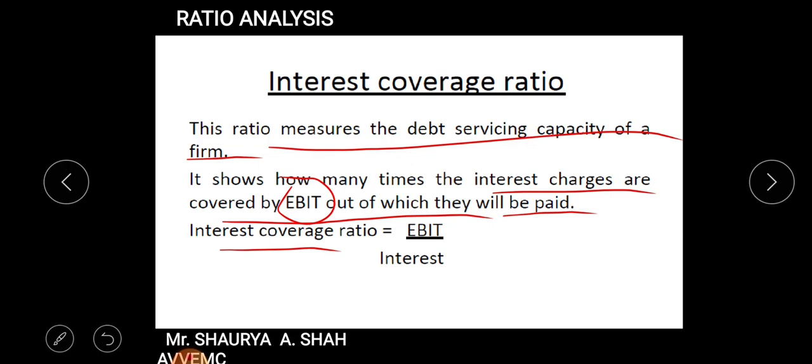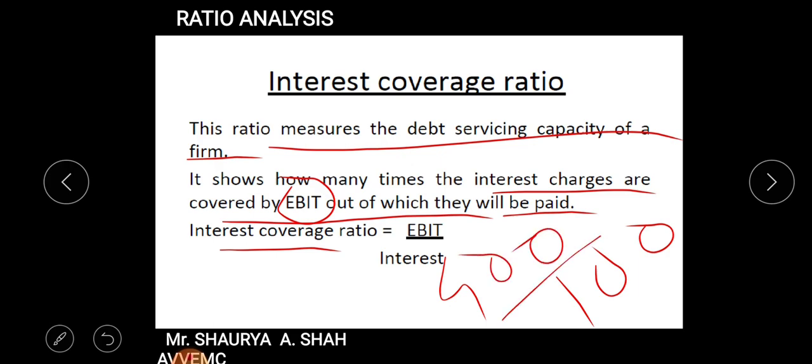So EBIT divided by interest shows you how many times your profit before interest and tax is compared to your interest. Take for example, if my interest is 100 rupees and my EBIT is 400 rupees. Students, if I ask you what will be my interest coverage ratio, it will be 400 divided by 100, that is equal to 4 times.